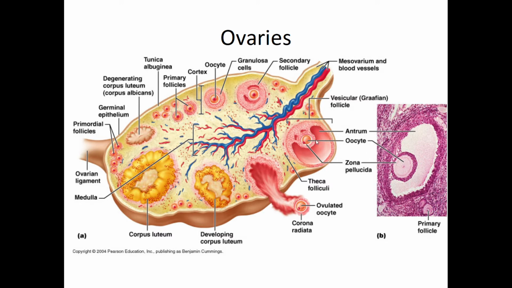And then the oocyte itself, not the follicle remaining, will ovulate, break through the outer membrane of the ovary and be released. And then the remaining follicle will stay behind as the corpus luteum, releasing hormones, and then degenerate into the corpus albicans.